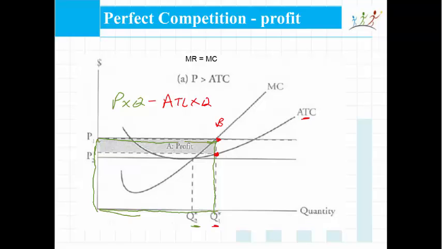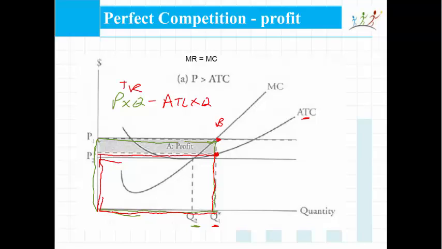We see at a level of Q1, this is the point where we get the average total cost. So this distance is the average total cost. We multiply it with the quantity, we will get the total costs. So the red rectangle gives us the total costs.